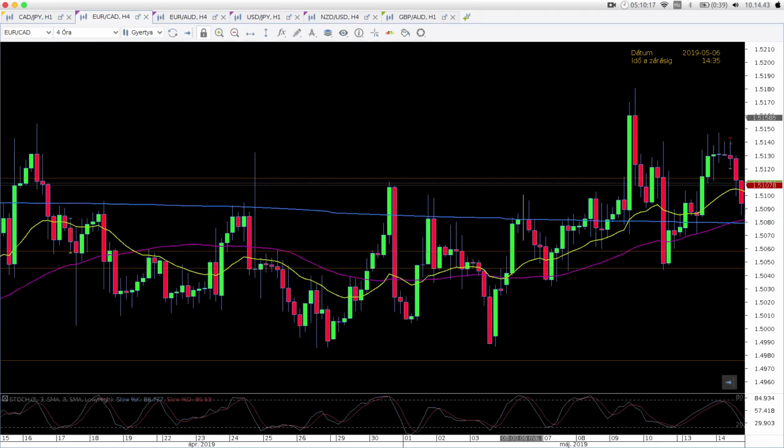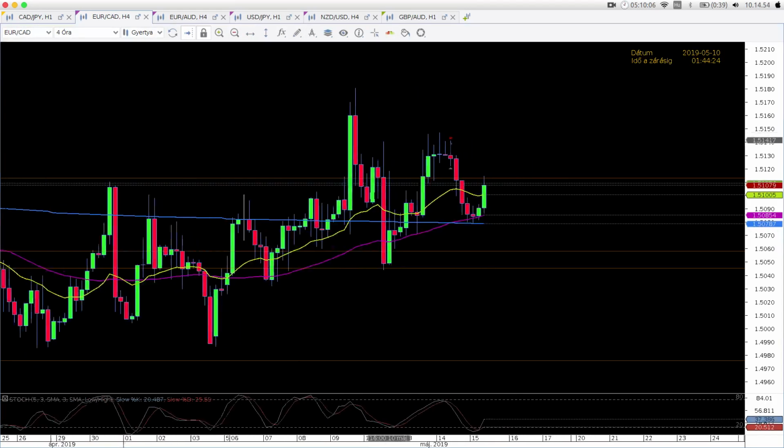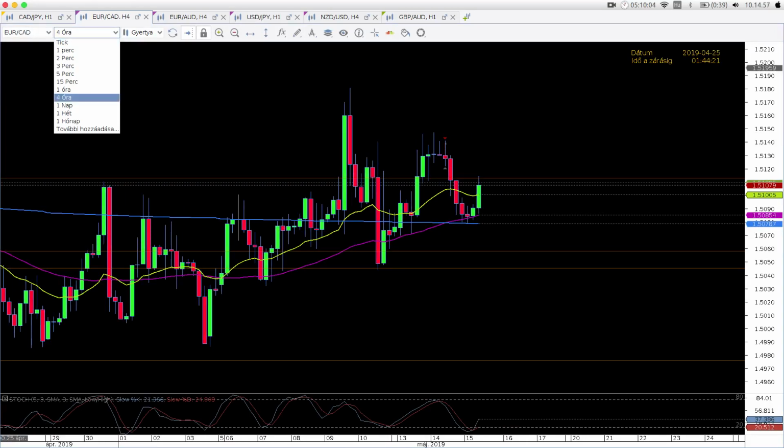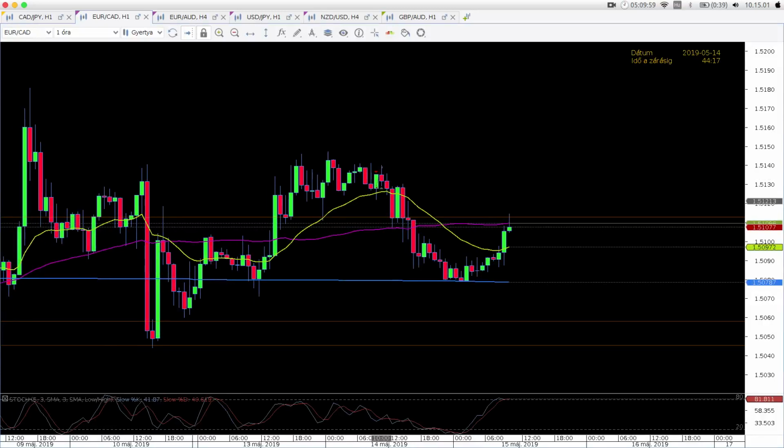So it was some kind of counter trend, but the whole trade was based on the price action move, the knowledge about the sellers that sit at that level, and the price move on the 1 hour time frame.